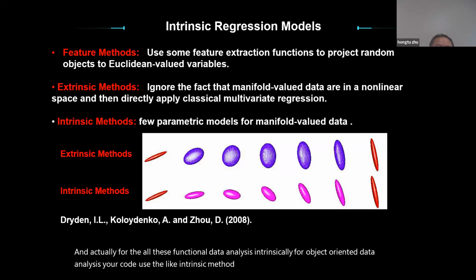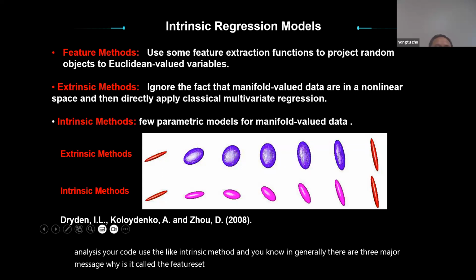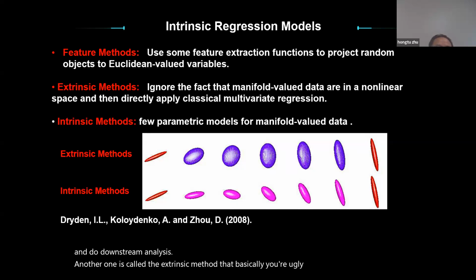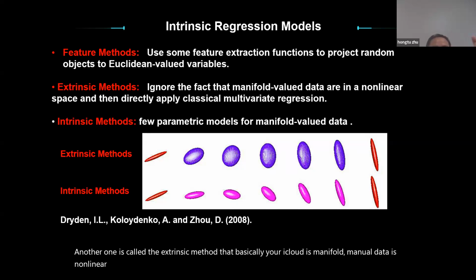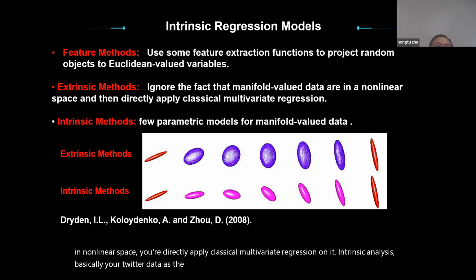In general, there are three major methods. One is called the feature method. That means you do some transformation, transform the complex object to Euclidean-valued data, and then do downstream analysis. Another is the extrinsic method. Basically, you ignore that the manifold-valued data is in a nonlinear space and directly apply classical multivariate regression to it. In intrinsic analysis, you treat the data as the object and assume the data is in the nonlinear space, so you have to do a lot of complex calculation behind it.